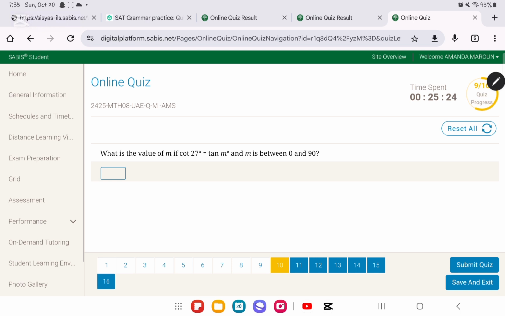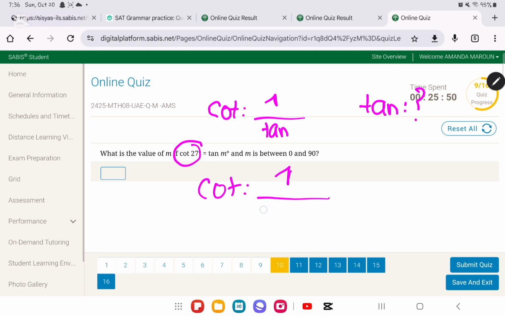So, first of all, we know that cotangent is 1 over the tangent. If we have the cotangent, how can we possibly find the tangent? Cotangent of 27 means 1 over the tangent of 27, and it has to be equal to the tangent of an angle m.